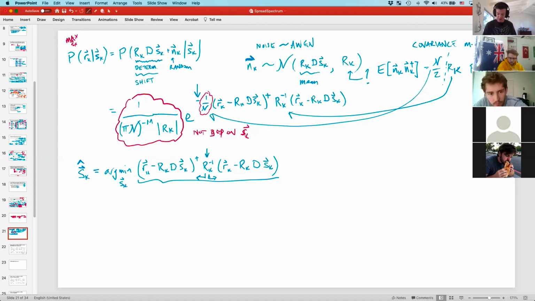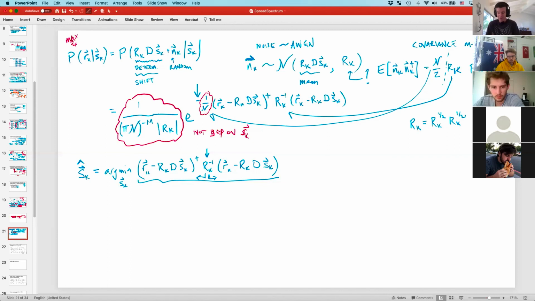Just because of its structure, we're looking at the covariance, the cross correlations of all our chipping codes, which means on the diagonal we have an autocorrelation, so those are all going to be non-zero. And one of many properties of positive semi-definite matrices is that they have square roots. That is, R_k can be written as a new matrix, R_k to the 1/2, times that same matrix itself. So we call it the matrix square root.